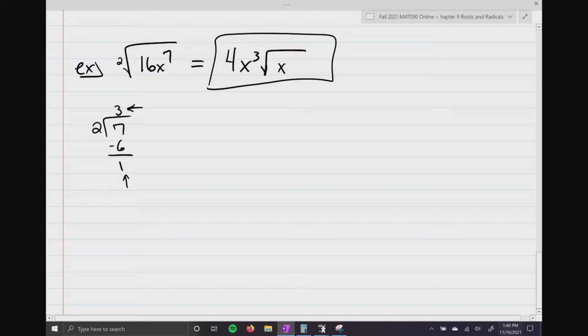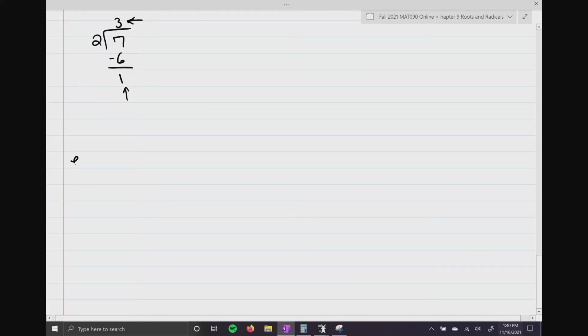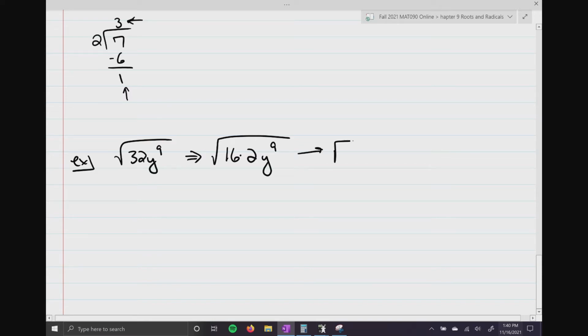Now let's try another one. How about the square root of 32 y to the 9th? Okay, well, with this one, we're going to have to do a little bit of work. We know 32 is really 16 times 2. Now I'm also going to tack on the y to the 9th. The reason I did that is so I can separate the square root of 16 times the square root of 2y to the 9th.